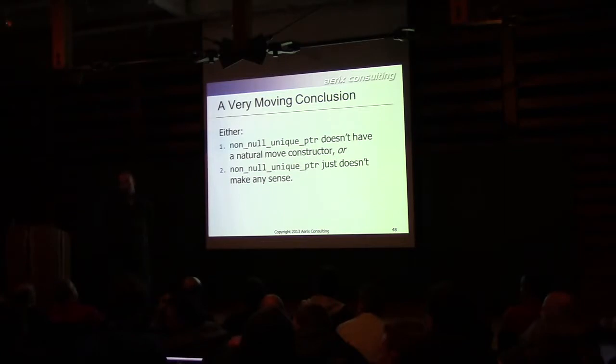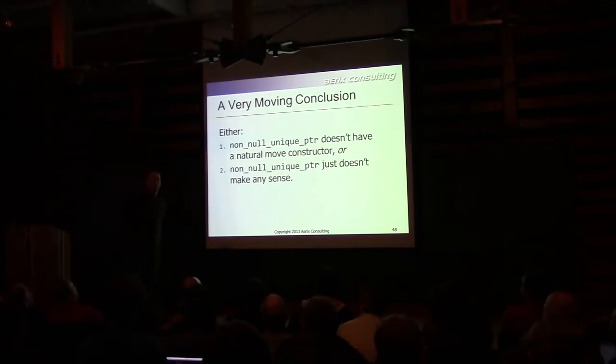Which means if you really want to implement this, you can just add a Boolean field to say whether this pointer is in a valid state. So the point being that you can add an additional state to your object that represents the moved-from state. Which is essentially equivalent to setting the pointer to null.